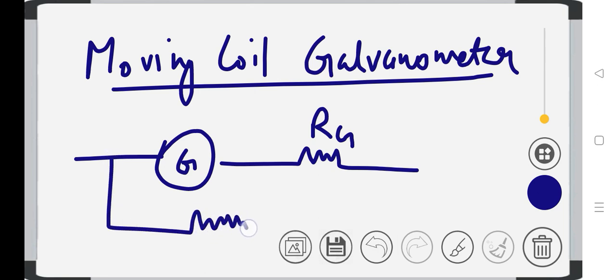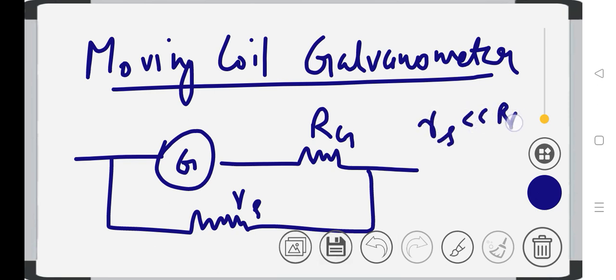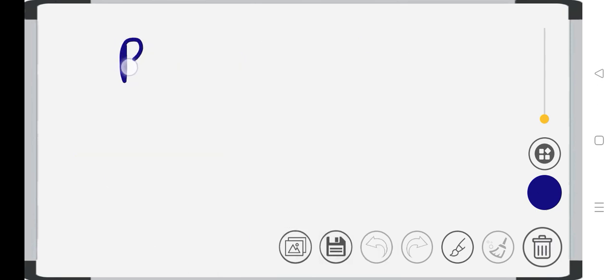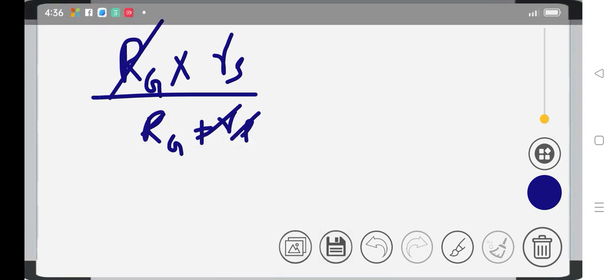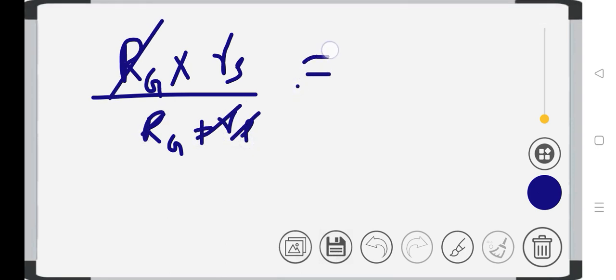Just connect a small resistance called shunt resistance, where Rs is very much less than Rg, in parallel to the galvanometer. Then we get the effective resistance as Rg into Rs by Rg plus Rs. Since Rs is very small, we can neglect it, so it is approximately equal to the shunt resistance Rs.